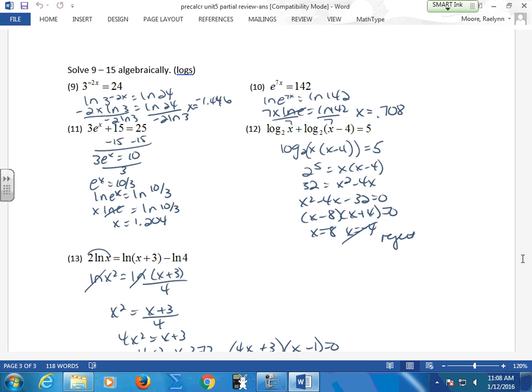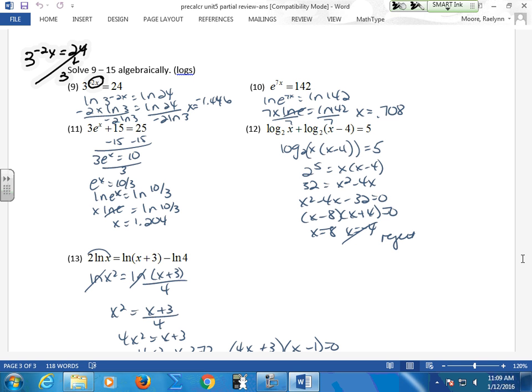I could try to say, can I drop 24 down into a base 3? Can I do 3 to the something power to give me 24? No. If I could flip it to an exponential equation and then solve it, but I can't. So therefore, I have to have some way to get that exponent down. That's your power log. So you have to put the logs on both sides.